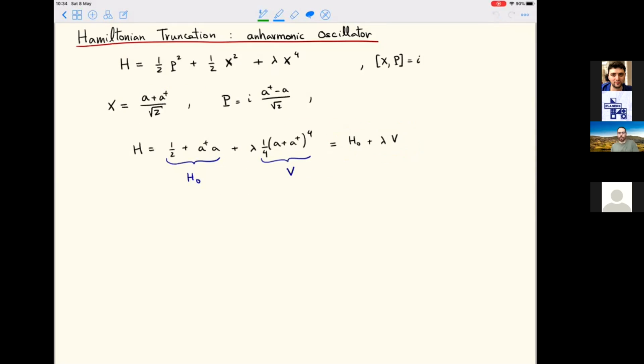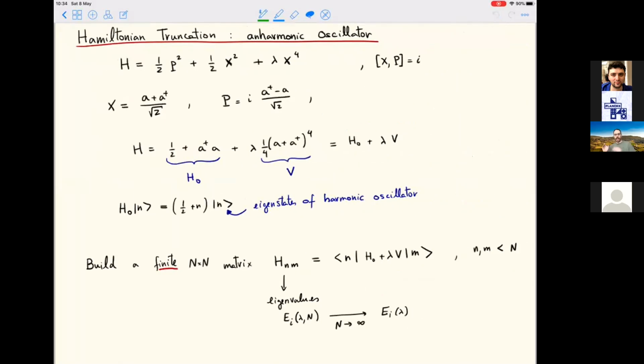But now we don't do perturbation theory. What we do is the following. We take the first n states of the harmonic oscillator. Take the eigenstates of H0, the harmonic oscillator, and build an n by n matrix, just with the first n states. And then just diagonalize an n by n matrix.